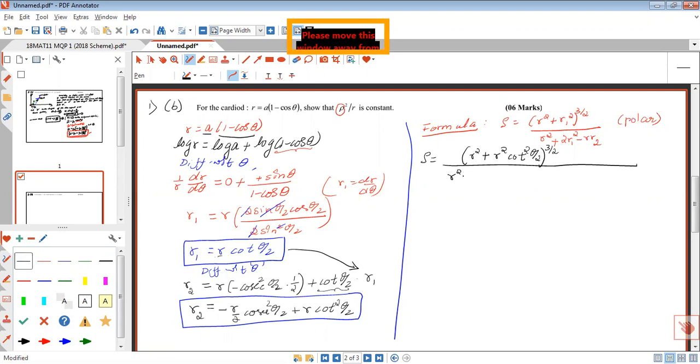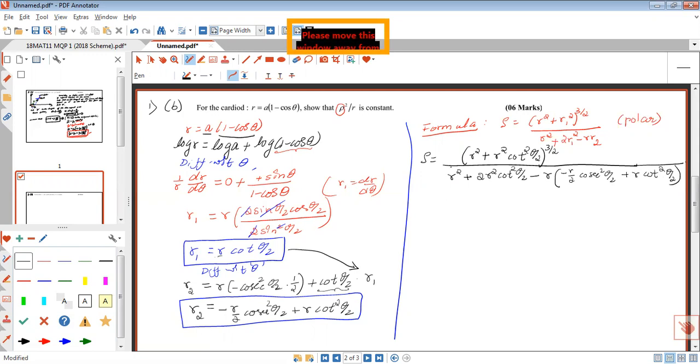In the denominator, r square plus 2 times r1 square, so 2 times r square cot square theta by 2, minus r times r2. r2 is minus r by 2 cosecant square theta by 2 plus r times cot square theta by 2.